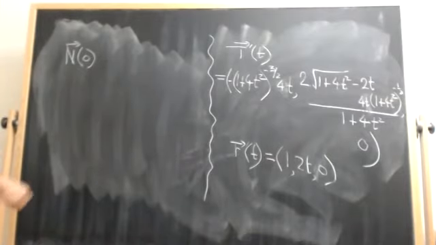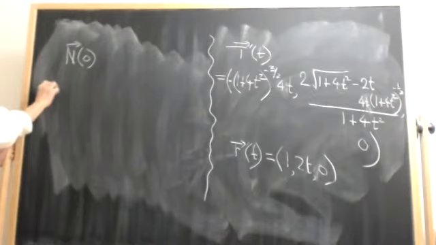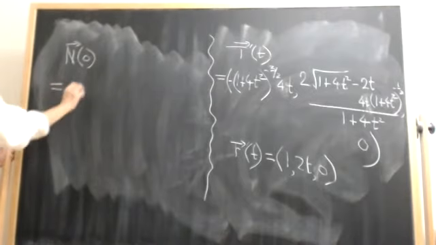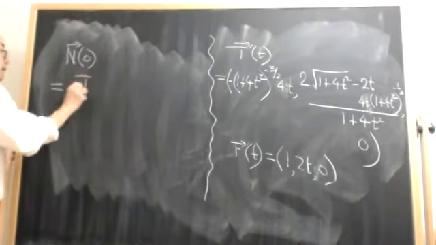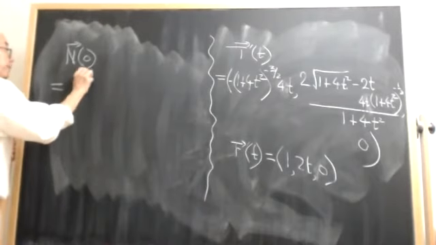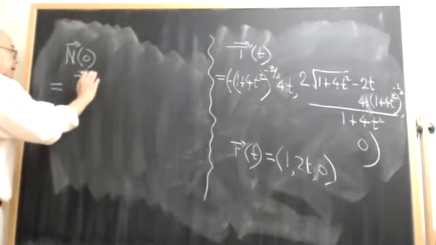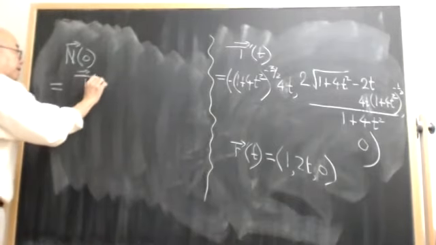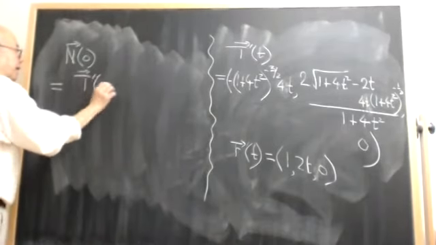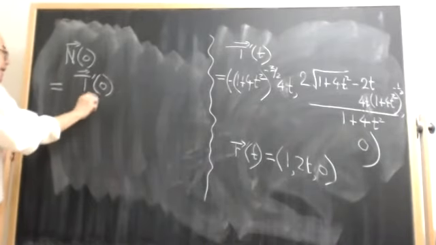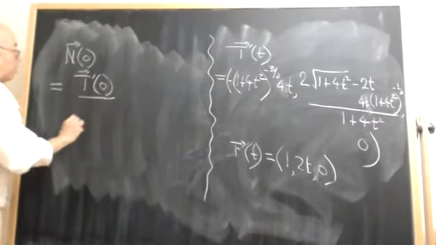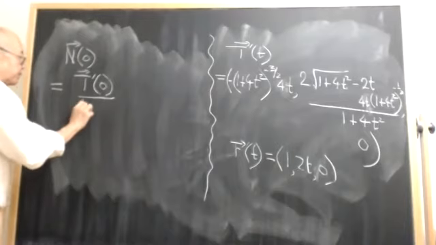It is the tangent vector differentiated and evaluated at zero, over its norm.